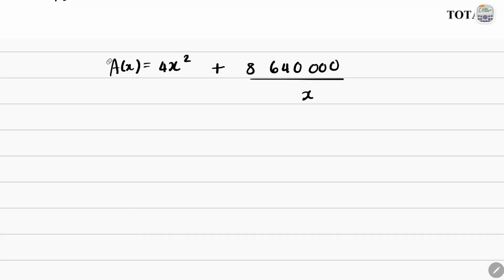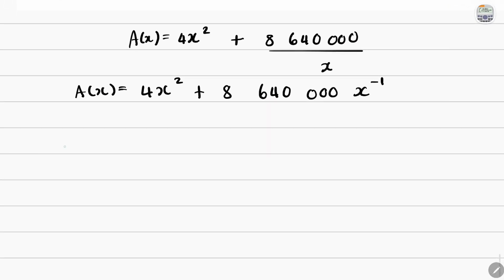Now, do you see that to find the gradient or to derive this function, we have to move this x up to the numerator because we can't derive like this. So we'll rewrite our function. This is equal to 4x squared, and we're going to say plus 8,640,000, and now it's x raised to the power of, its exponent was 1, so it becomes -1.